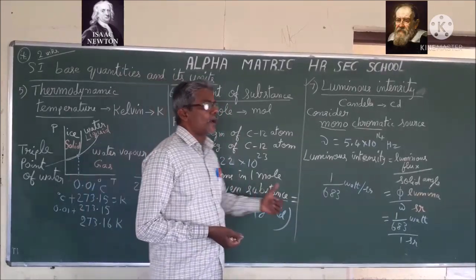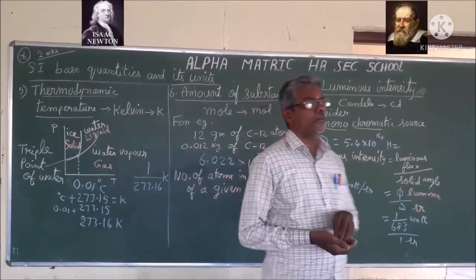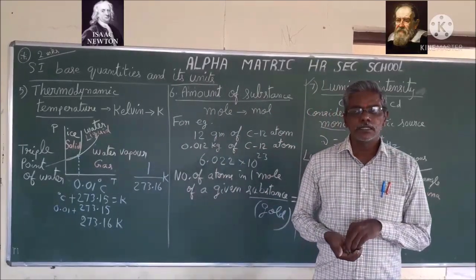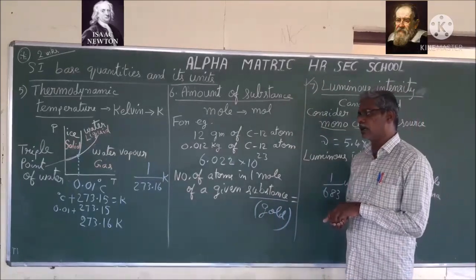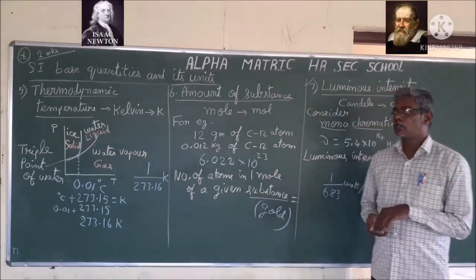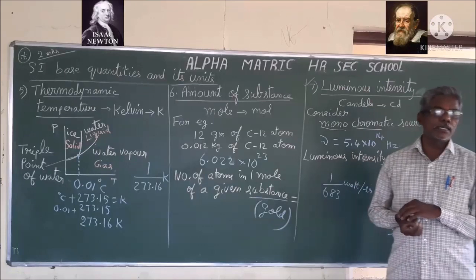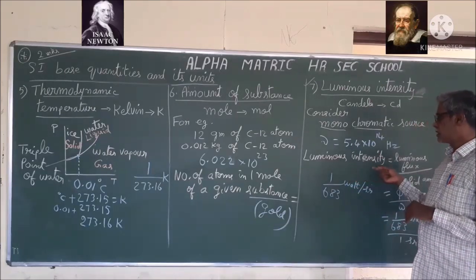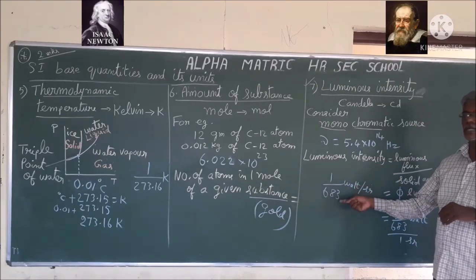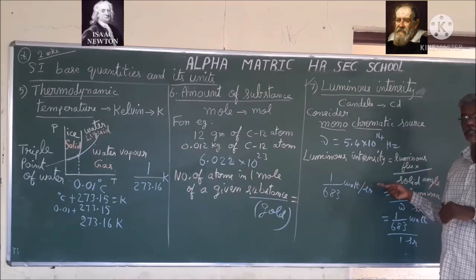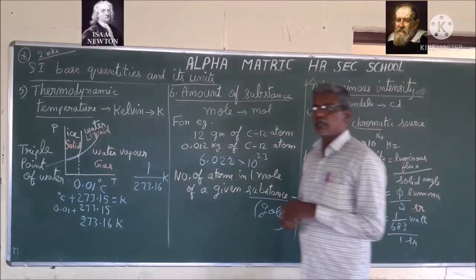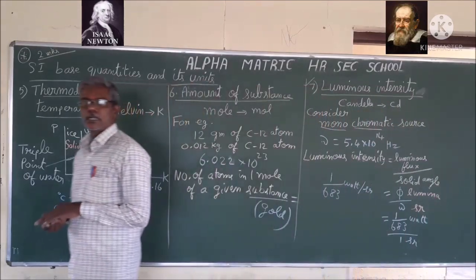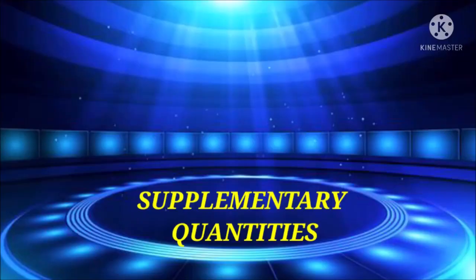Here, the number of atoms in 1 mole of a given substance is equal to the number of atoms in 1 mole of carbon 12 atom. The last one is luminous intensity, which is 1 by 683 watt per steradian. This will give the luminous intensity. I think this is clear for you.